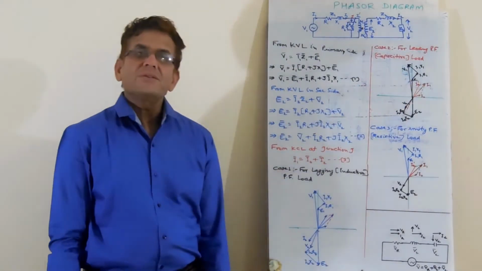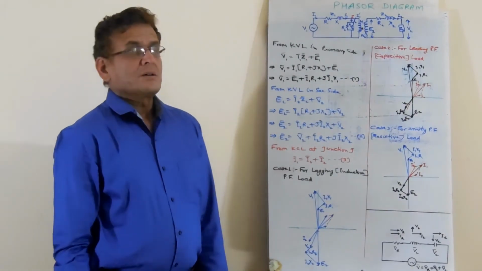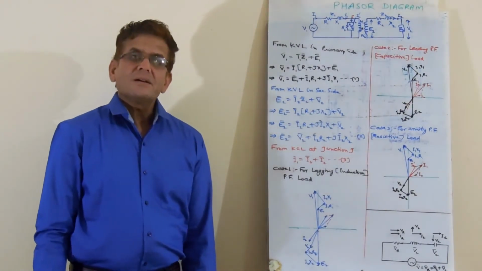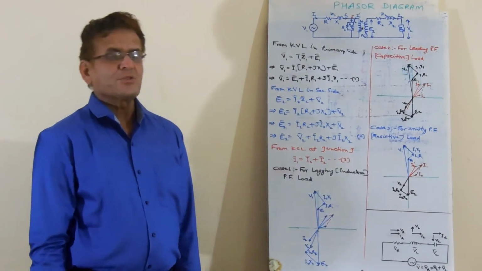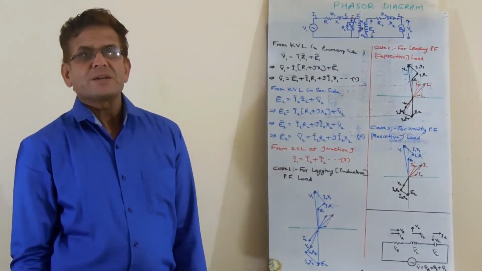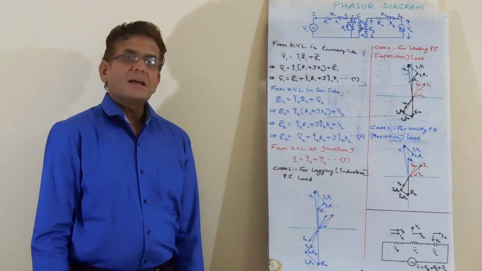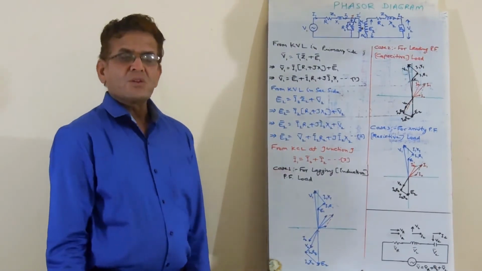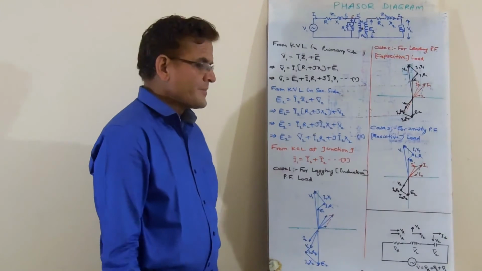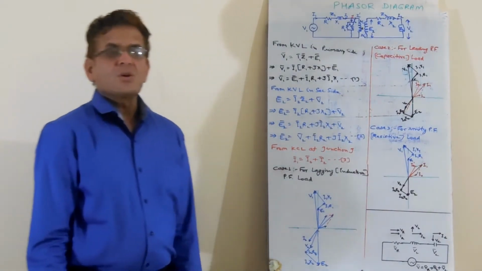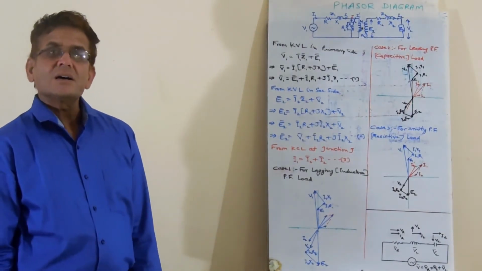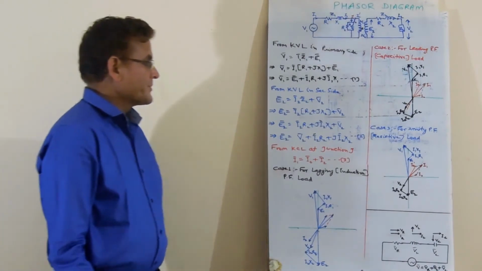Now case third. In case third, we will draw the phasor diagram of single phase transformer at unity power factor. Means for resistive load. And in a resistive load, voltage and current are in same phase.